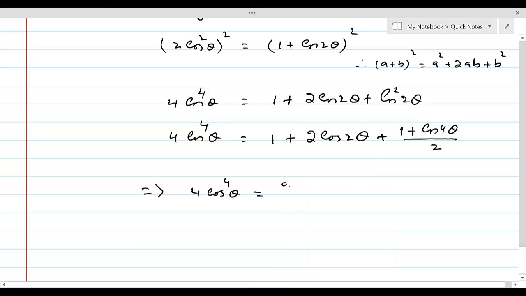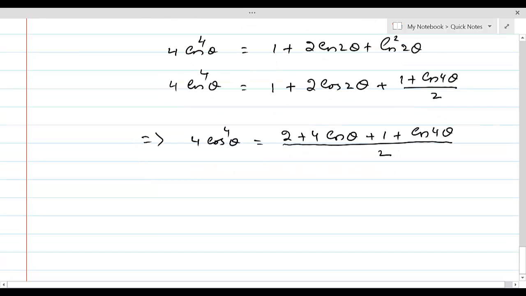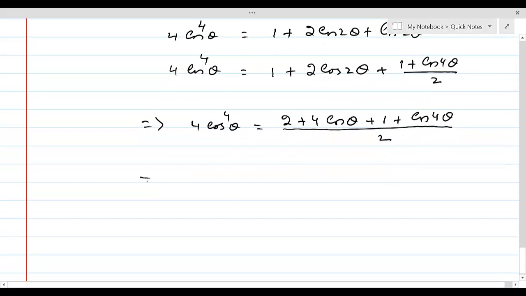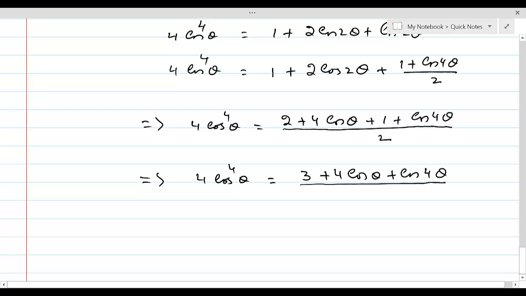So this will be 2 plus 4 cos 2 theta plus 1 plus cos 4 theta, divided by 2. That is the common LCM. So here we have 4 cos power 4 theta equal to 1 plus 2 will be 3, 3 plus 4 cos 2 theta plus cos 4 theta, and divided by 2.